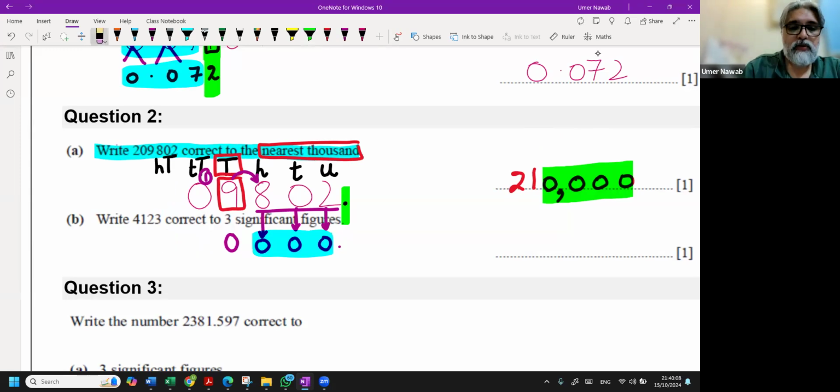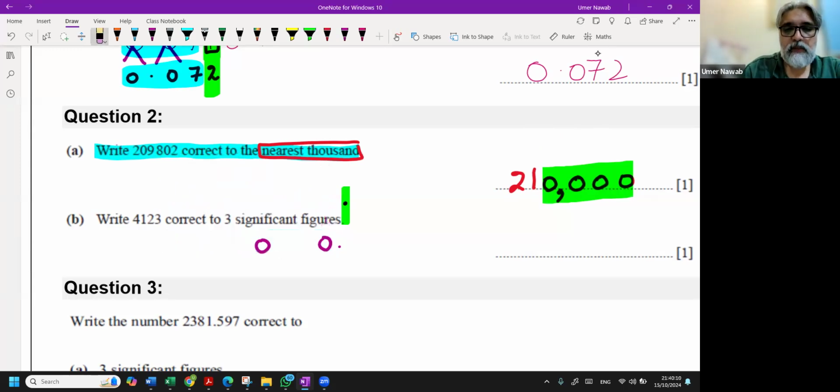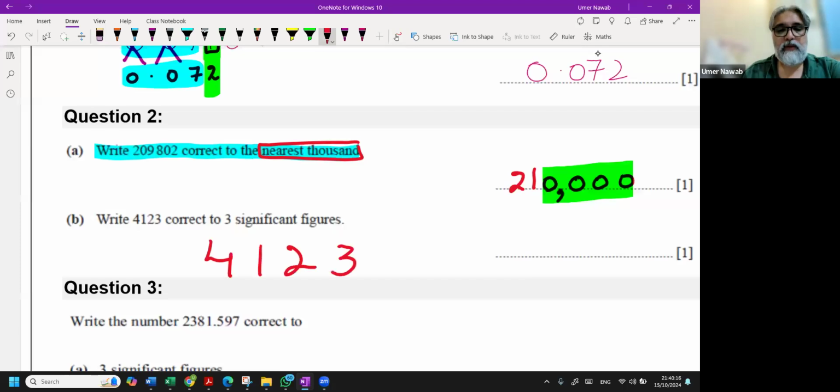Now let's go to the next question. In the next question, he gave you 4, 1, 2, and 3. These are 4-digit numbers, and there is no decimal, so that is obvious: the decimal is at the end. Now I have to write this number to 3 significant figures.